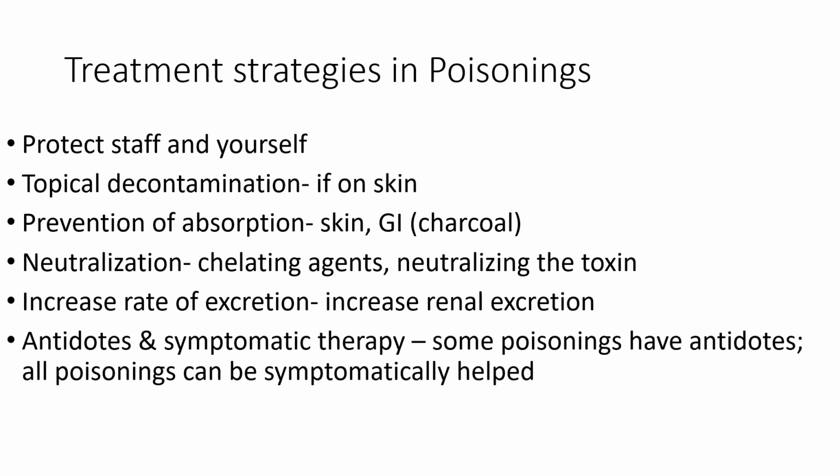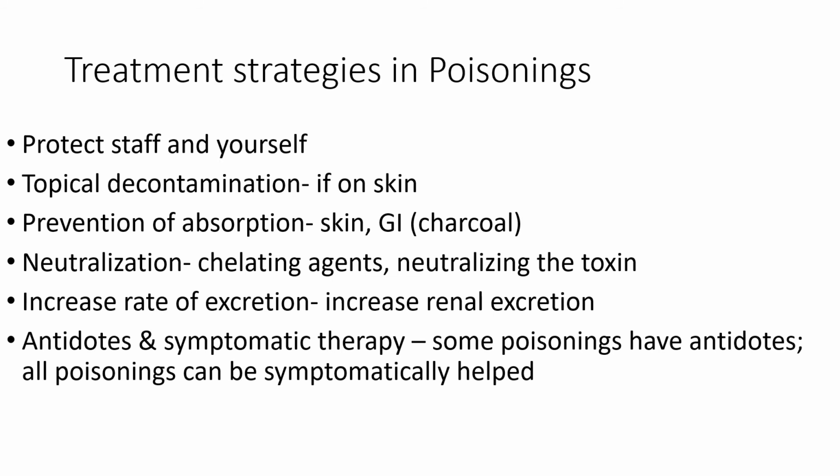Some poisonings are excreted better in a lower pH, a more acidic environment. So we can give a medication to lower the pH, but usually it's to raise the pH with bicarbonate, which will help increase the excretion. And then there's specific antidotes for certain drugs, and we'll come to some of those.